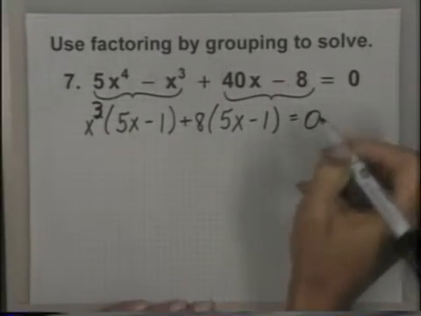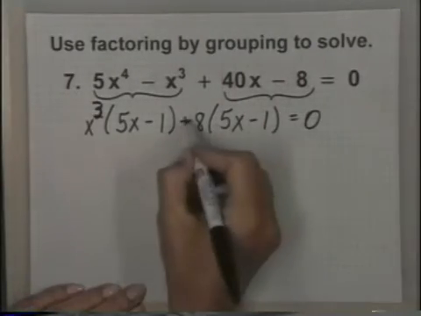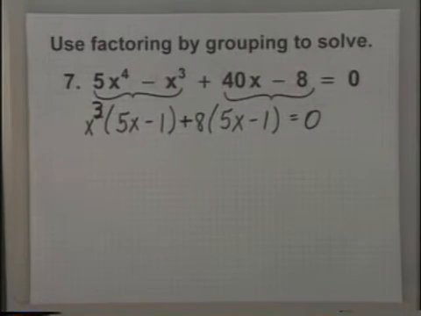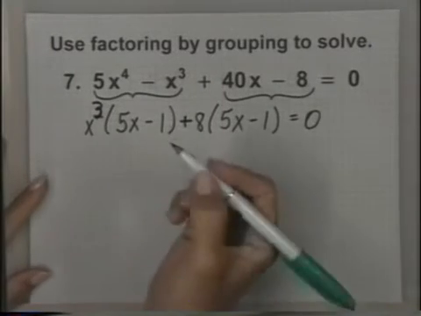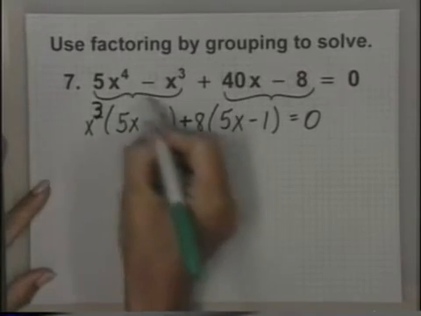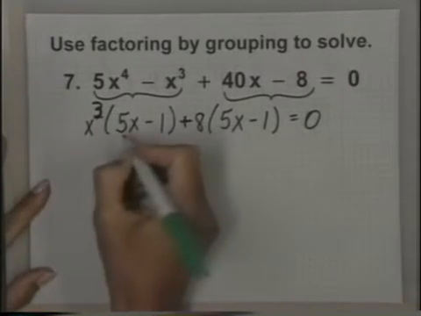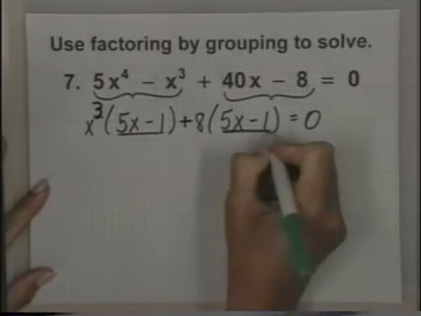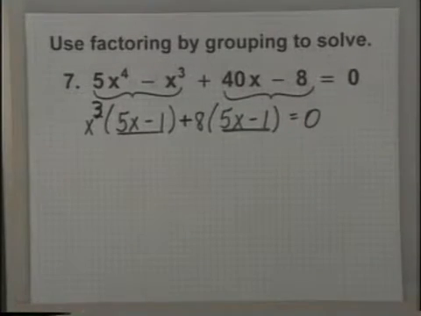Of course, on the left, we still have a sum. We want a product, so we can use our zero product factor theorem. We have two terms on the left. The common binomial factor is 5x minus 1.